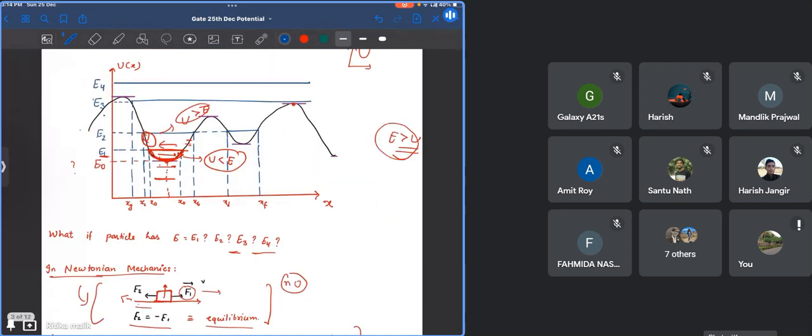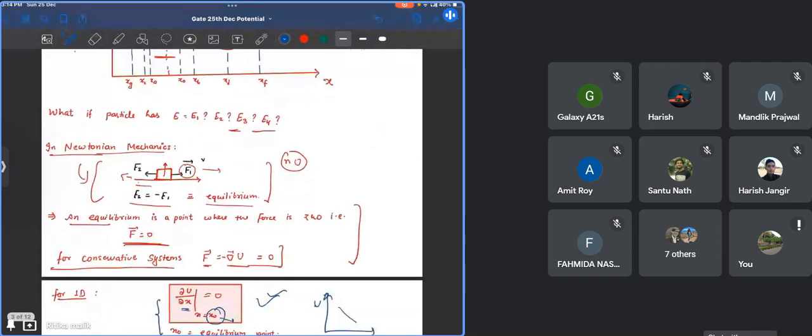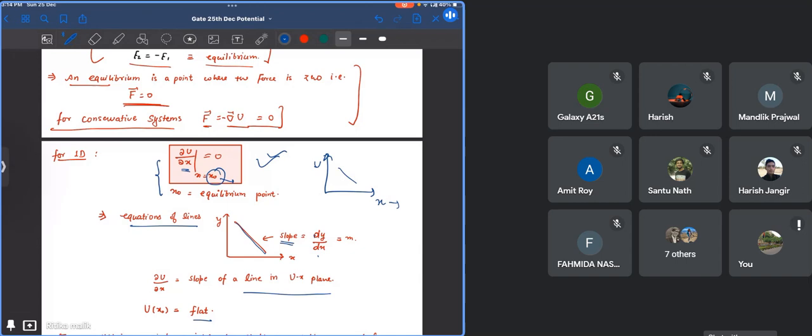So if you look at this plot, whenever you have this flat position, this will correspond to equilibrium points in your u versus x plot. So if you are able to draw the u versus x plot in your diagram, then just by looking at this flat point, you can say that these are the equilibrium points.